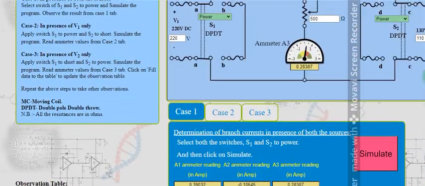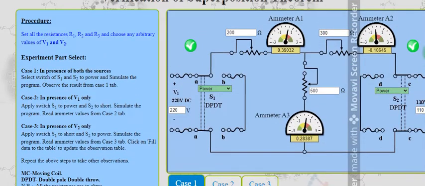So you can see here it has shown the same values which were calculated in case 1. You can see the same values have been calculated and shown here, and how much clarity it gives you.